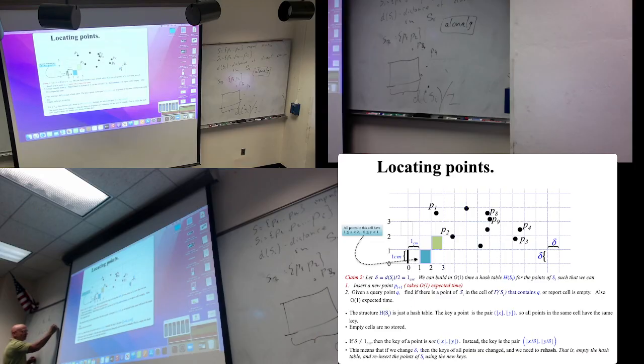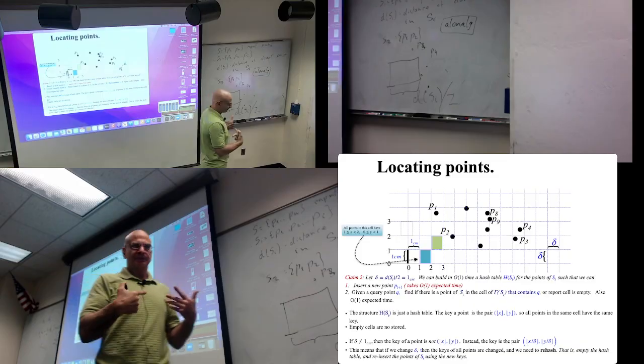If these constants are non-integers, then you need to make them integer and do modulo M, where M is the table size. That's one possible way to perform the hash function of the cell.